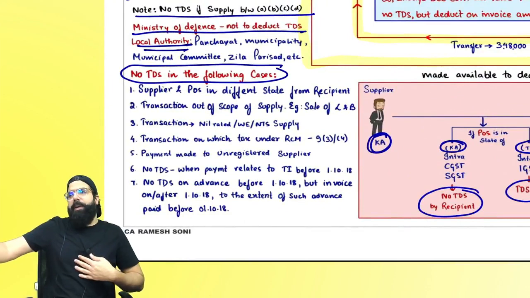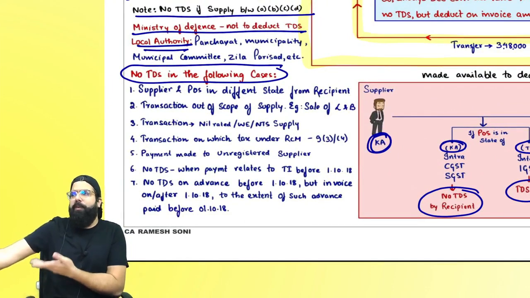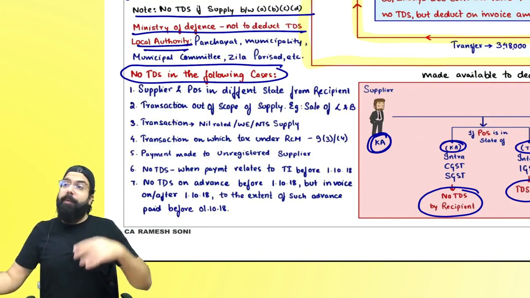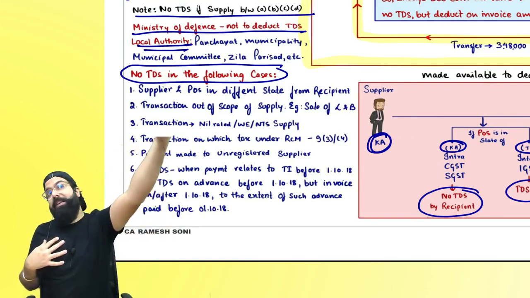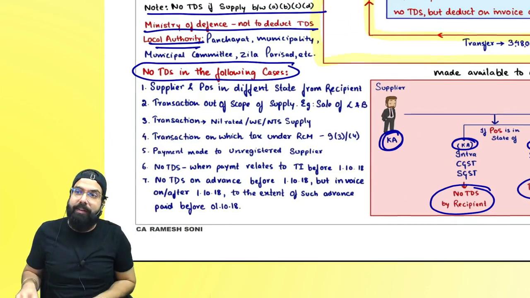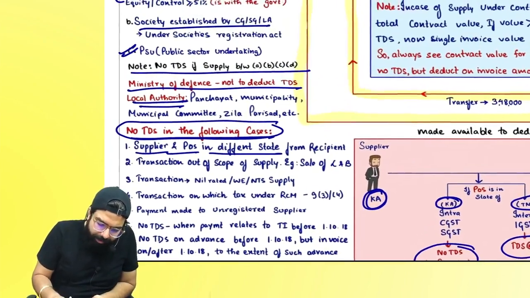Recipient also in the same state, place of supply in the same state: CGST, SGST, he will deduct 1% CGST, 1% SGST. Supplier and place of supply in one state, recipient in another state: no TDS. Supplier in one state, place of supply and recipient both in another state: in that scenario IGST will be charged and 2% IGST will be deducted. Always remember, no TDS if the supplier and place of supply are in one state. It is different.